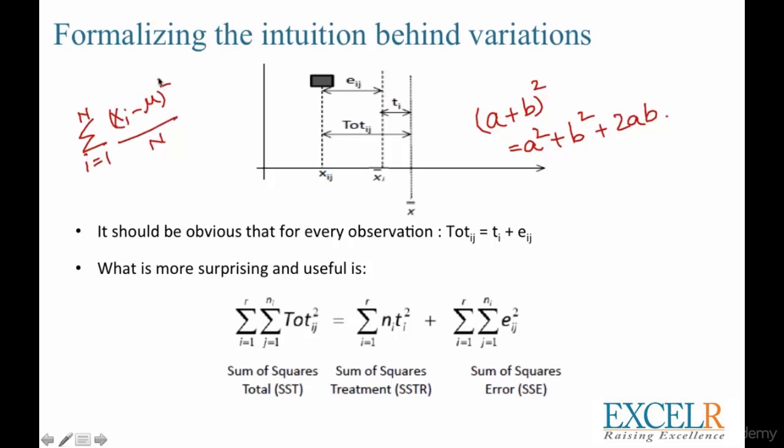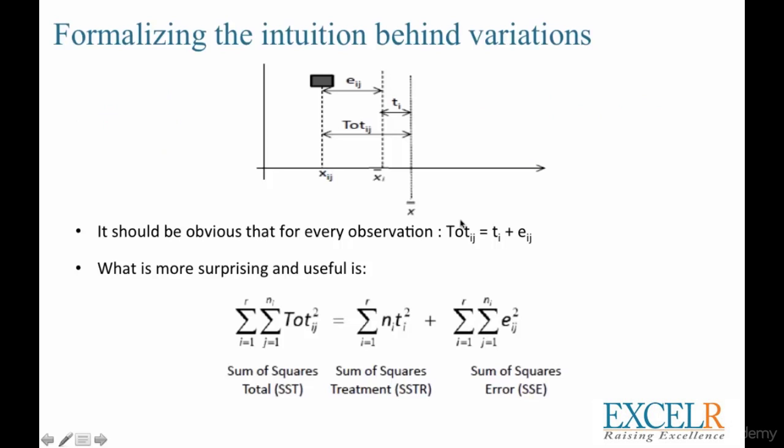If you do not take a whole square here, xi minus mu, this xi minus mu summation would always turn out to be 0, right? To ensure that the values do not get cancelled out, we were taking a square. On similar lines, we are taking a square here because this Eij can also be on the other side. Just to ensure that the values do not get cancelled out, we are squaring that on both sides.